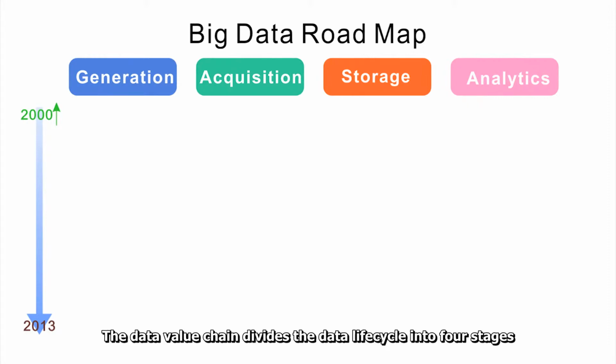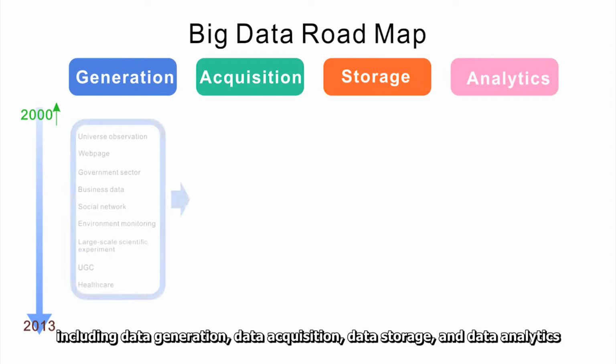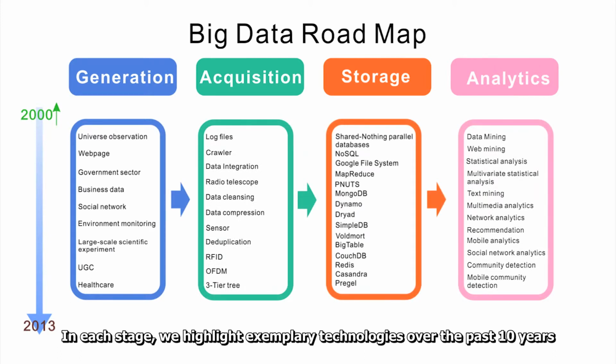The data value chain divides the data lifecycle into 4 stages, including data generation, data acquisition, data storage, and data analytics. In each stage, we highlight exemplary technologies over the past 10 years.